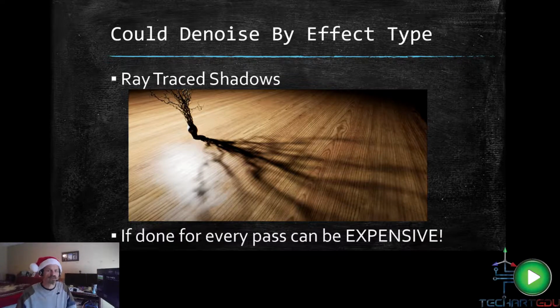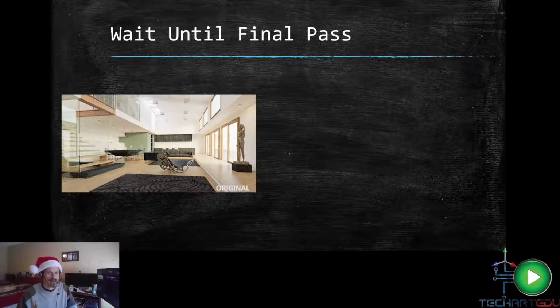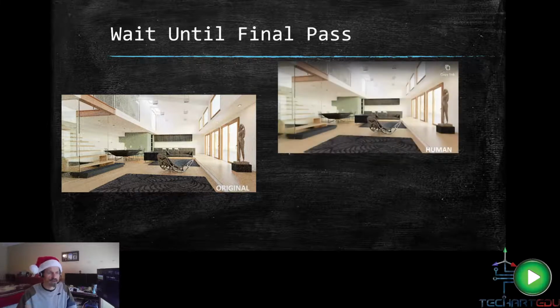But if it's still done for every pass, it can still get very, very expensive. So instead of denoising after every pass through the rasterizer, what you could do is wait until the final pass is done. And then once the final image is all put together, you can go and do the denoising.